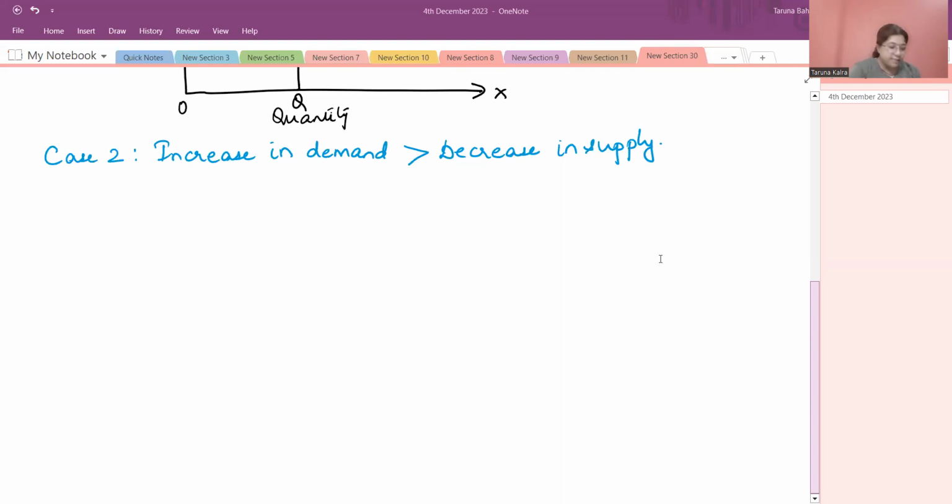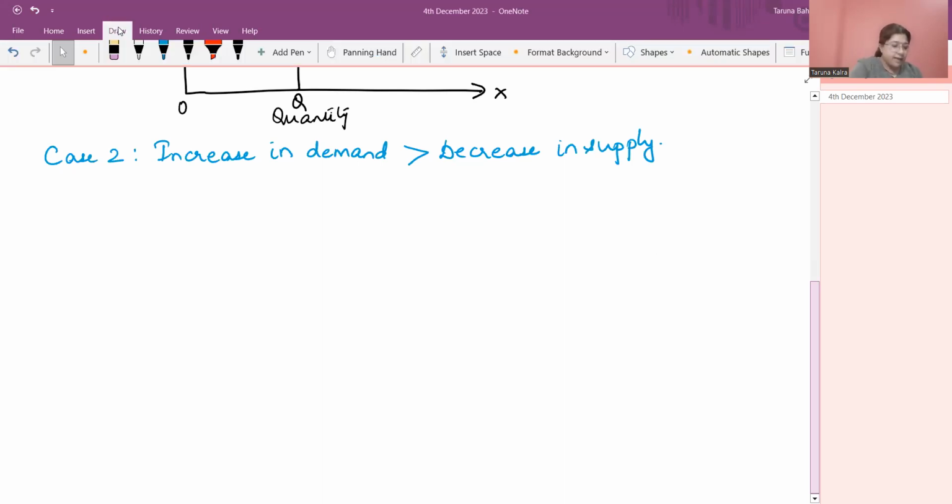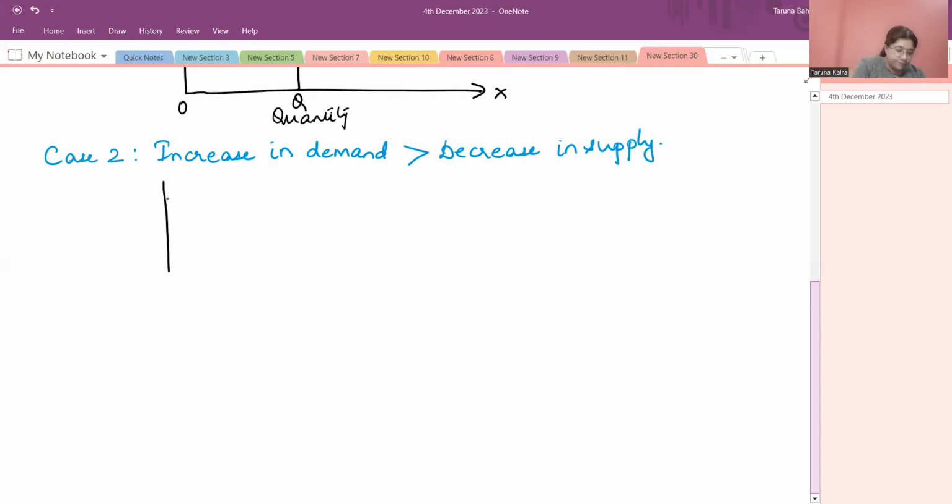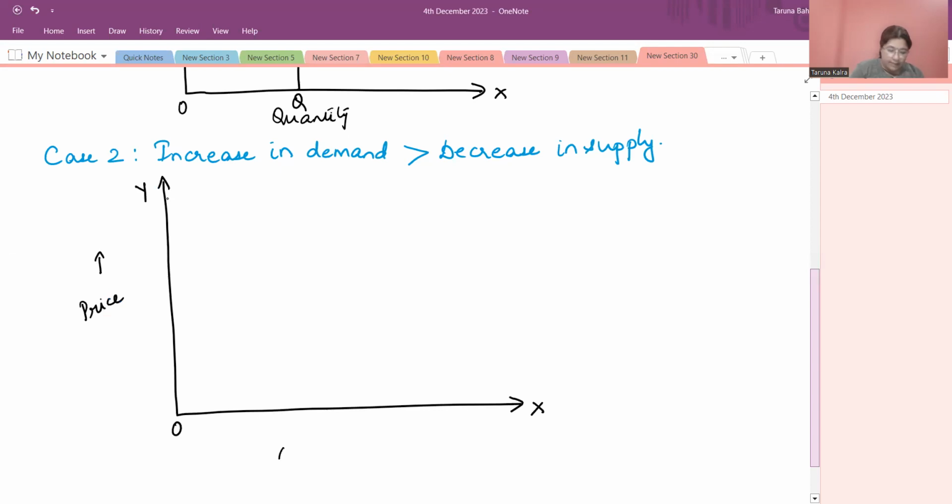Now let's move to the second case. In this second case, there is an increase in demand, and this increase in demand is greater than the decrease in supply. Let us see how it is going to work. Let's prepare this diagram again. This is our x-axis, this is our y-axis, and this is the origin. On the y-axis, we show the prices, and on the x-axis, the quantity.